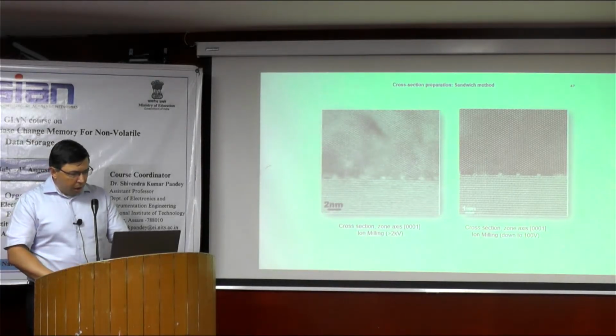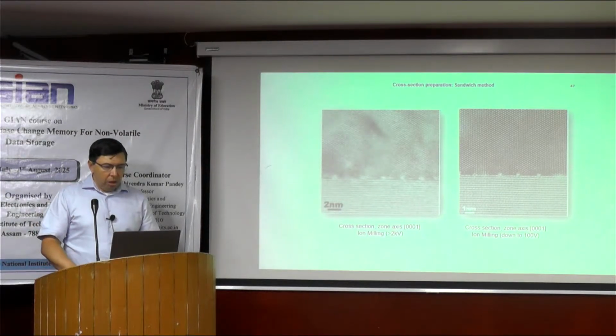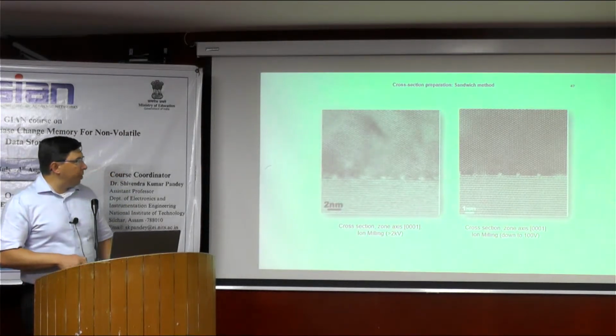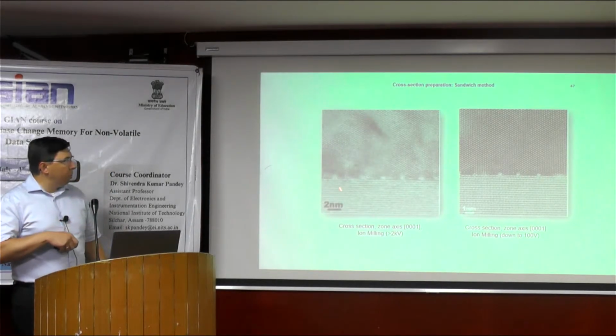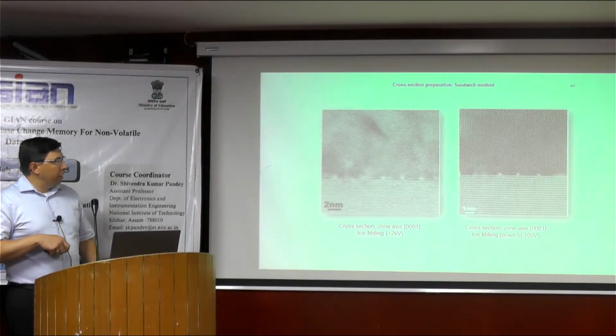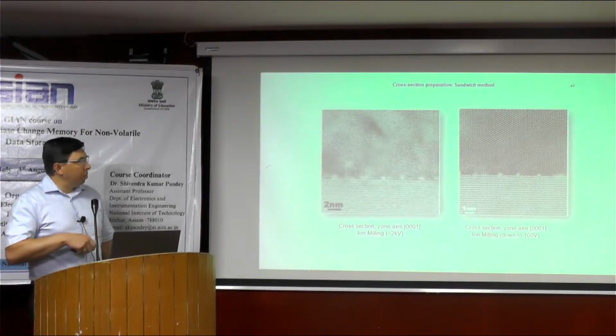So another problem is also the thickness and the formation of an amorphous layer. So here, this is the thickness problem, that your sample first is very thick, so you used ion milling with beam energy more than 2 kV, and then you see here the blurred image.